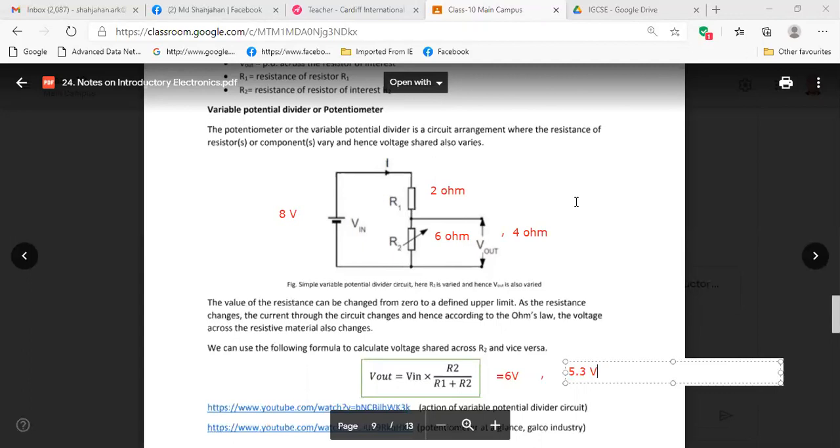What will be the formula for R1? If your V out is given in R1, then how will you write the formula? Can you tell me please? Just in place of the top R2, there will be R1. That's it. Nothing else is changed.